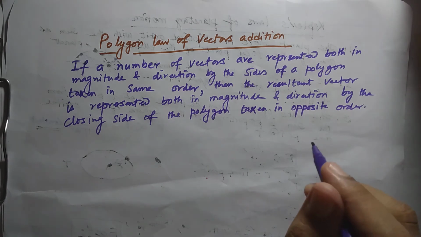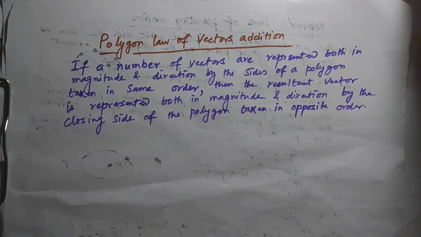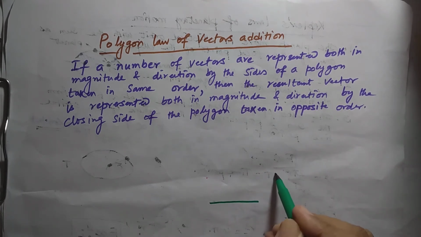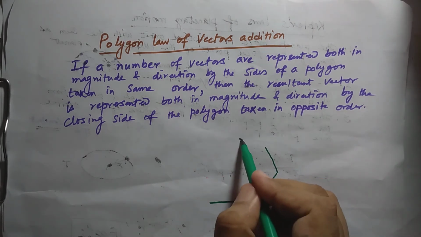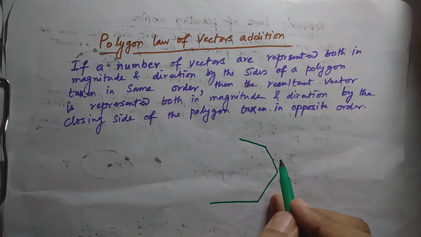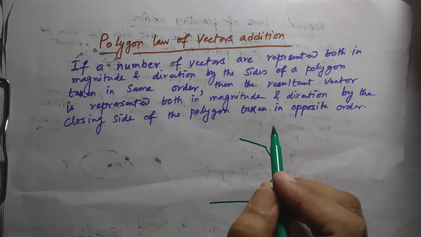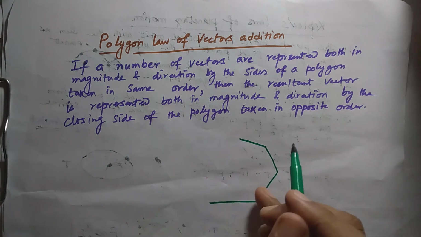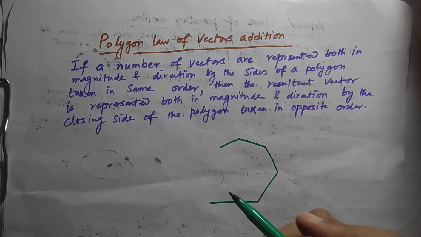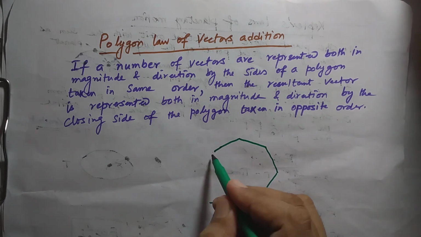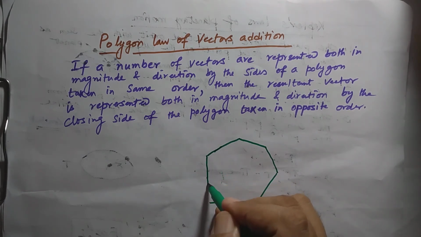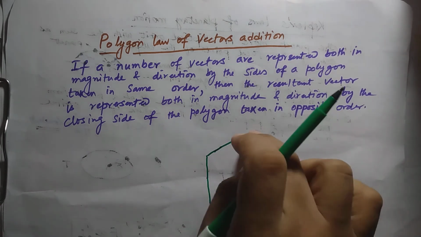So what is the meaning of this? Suppose I draw a polygon, you can understand this one. This is the polygon, with six sides: 1, 2, 3, 4, 5, 6.